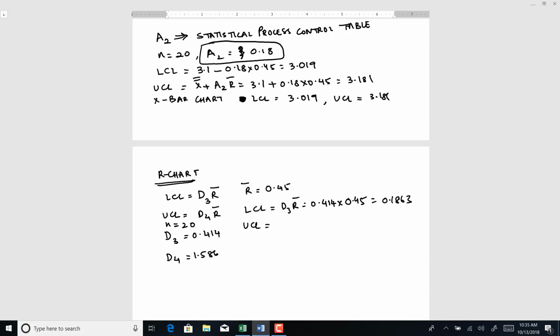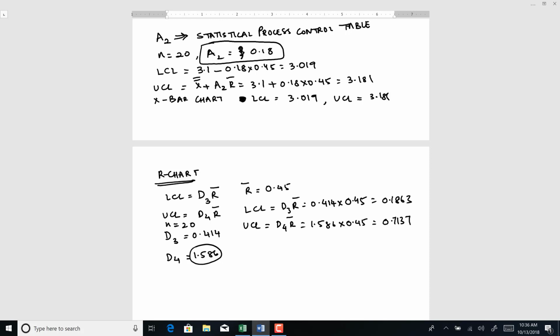And the upper control limit is D4 R bar, so D4 is 1.586 multiplied by R bar, 0.45, which is going to be 0.7137.